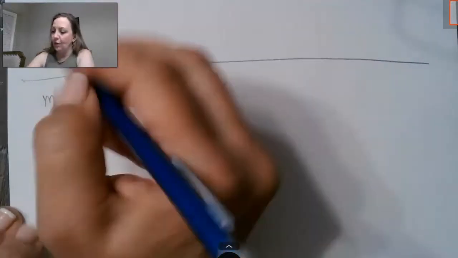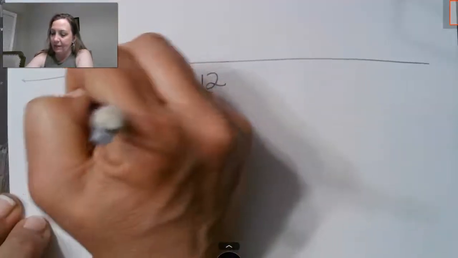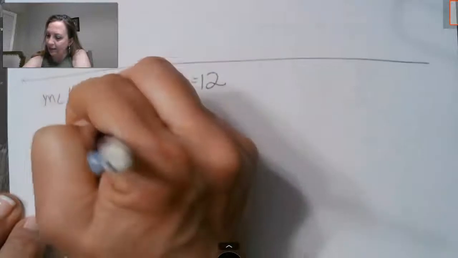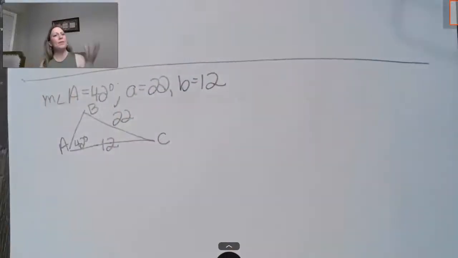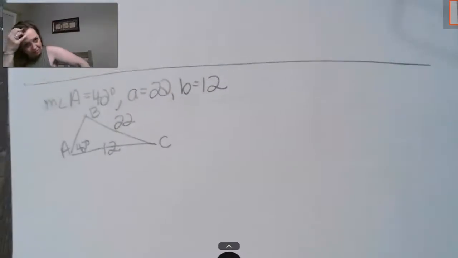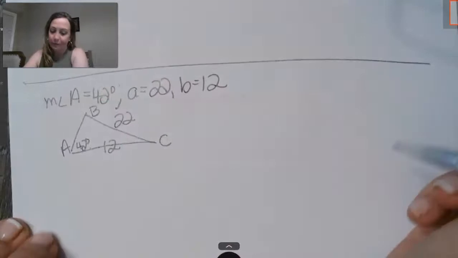Okay, so again, we can have this triangle ABC where this is 42 degrees, this is 22, and then side B is 12. I know in the picture I just showed you, B was going this way, but again, triangles can be turned all over the place. So we see it's an SSA case that's acute.